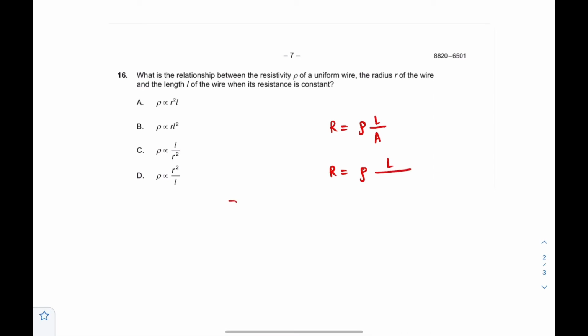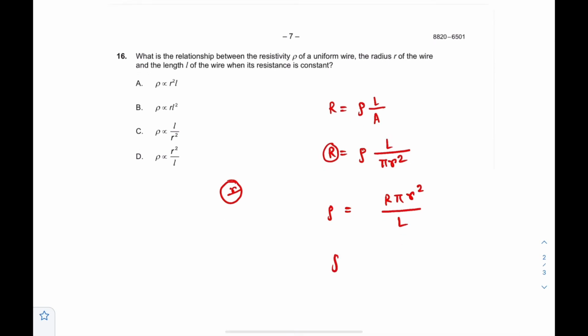So over here I can write that rho into L by A. Now what is the area of cross section? If the radius of the wire is r, the area of cross section is pi into r square, right? Okay, so here see that resistance is constant. So rho can be written as R pi r square divided by L, right?